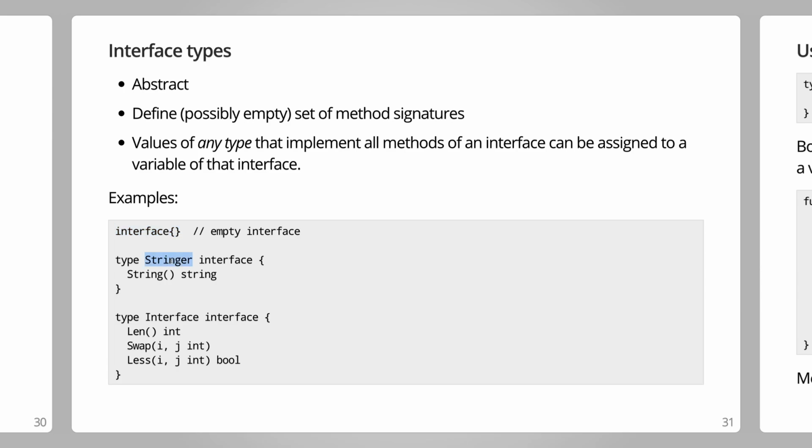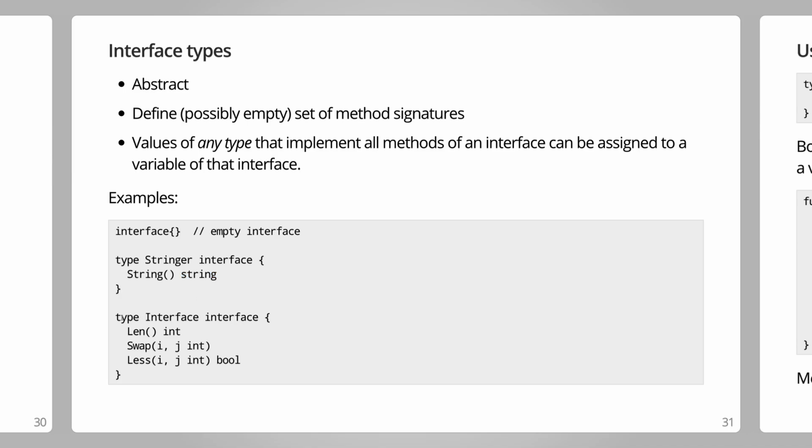Here is a Stringer interface, and that's like in Java, where there's a standard function called toString. In Go, this would be the equivalent. The Stringer interface would just be one method, String, that returns the primitive type string.